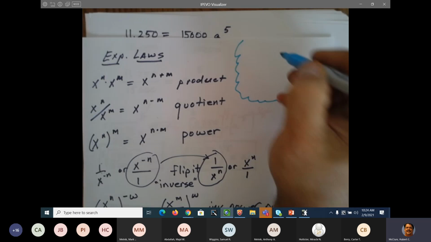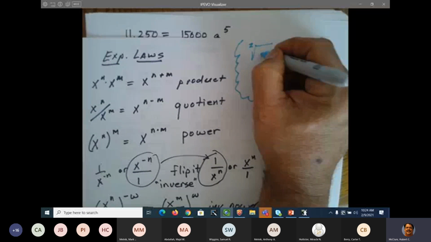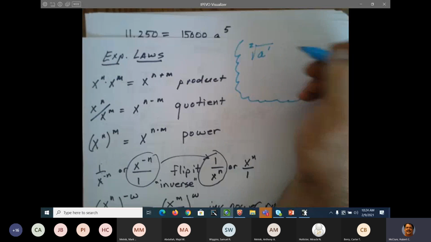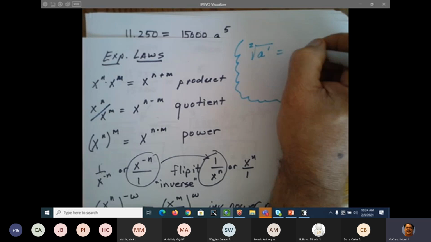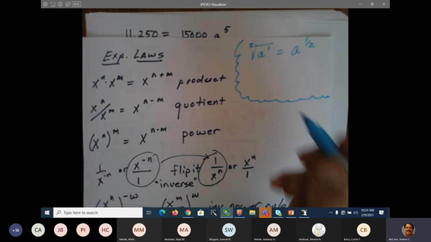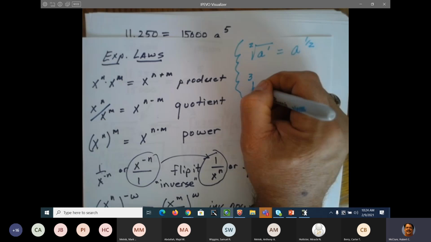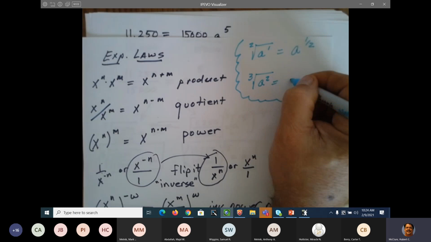And that is the square root of a to the first power is equal to a to the 1/2. Okay, you need to write that down because I'll give you another example. The third root of a to the second power is equal to a to the 2/3.